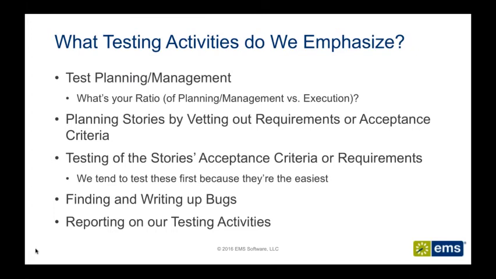So we'll emphasize where we can find them by this exercise: the first thing that we do when we receive a story or features or functions to test is not necessarily executing the test against that story. There are some ways that we can vet out and find deeper rooted bugs first versus just simply executing those tests.